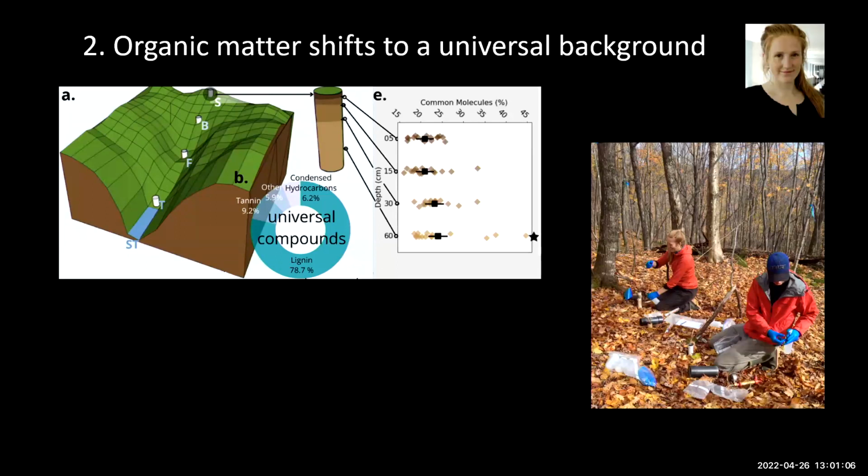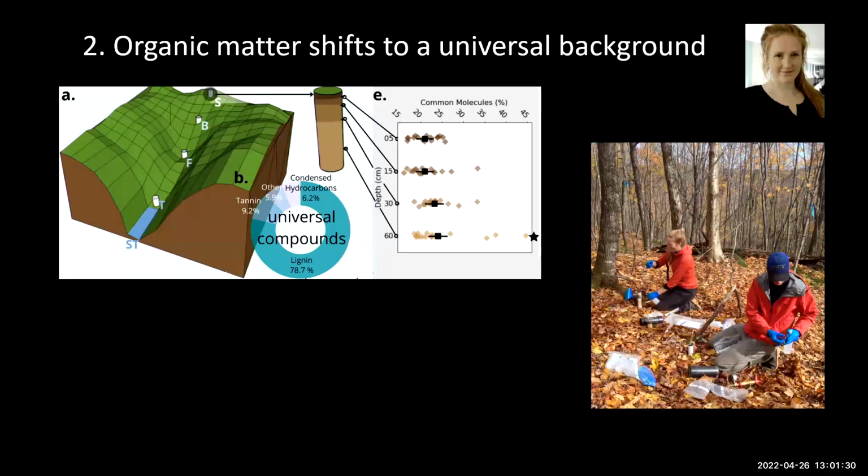Each point here is just one separate pore water sampler in a catchment. And what you should see is that there's a slight increase as we get down to the bottom. This is like a 4% increase, which on a relative basis is actually quite large, because we go from about 20 to 25% of the molecules being these universal compounds.